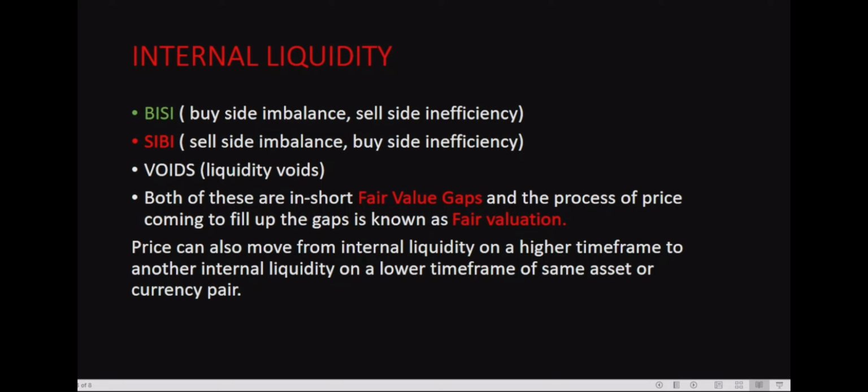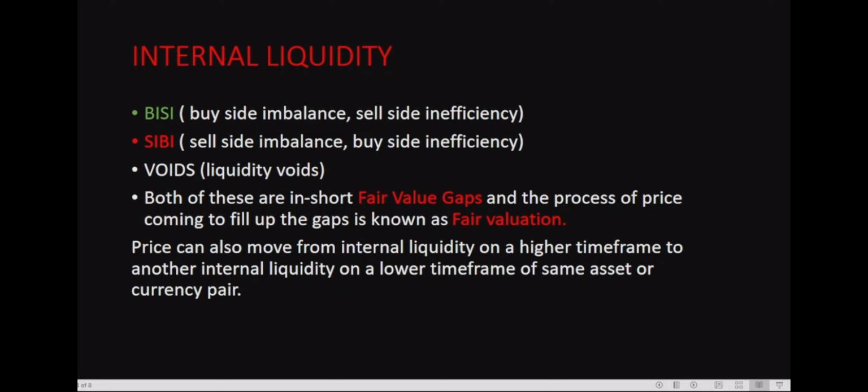Internal liquidity is just when you have price trying to go to areas inside of past price action that has not been properly traded. I will explain using another set of words.